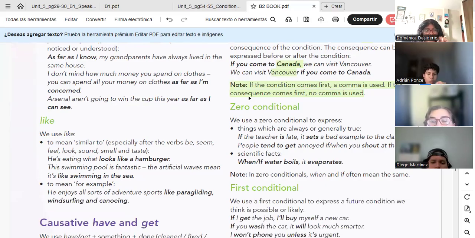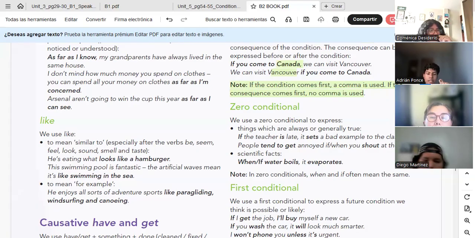We use a zero conditional to express things which are always or generally true. If the teacher is late, it sets a bad example to the class. People tend to get annoyed if you shout at them. Scientific facts: when water boils, it evaporates.